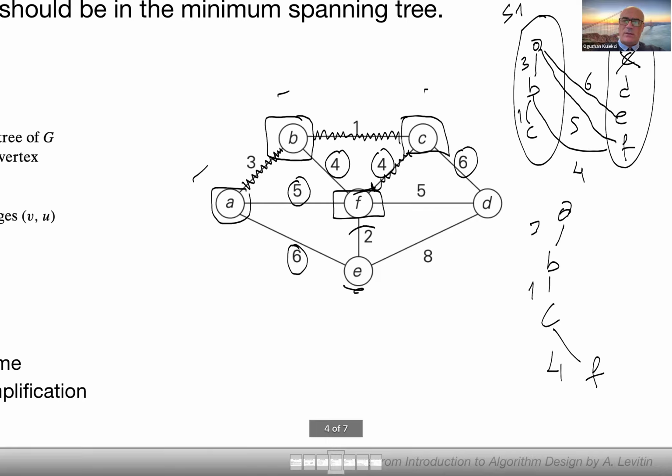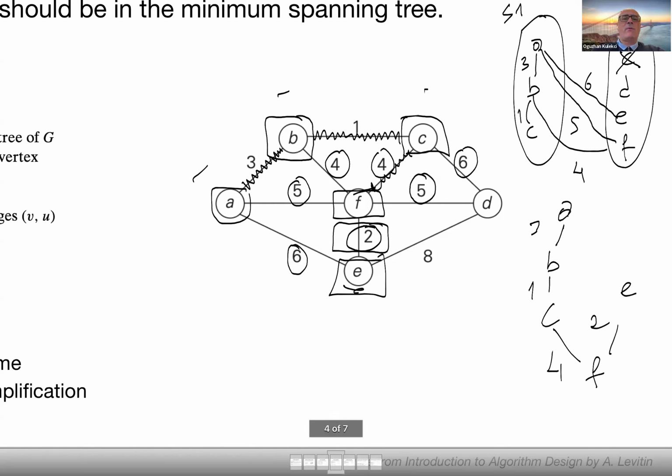Now that 2 comes into play, and that 5 is also in play. So I have 5, 5, 6, 2, and 6. Surely the least one is 2, so that makes E join the game. F is connected to E with cost 2, right?